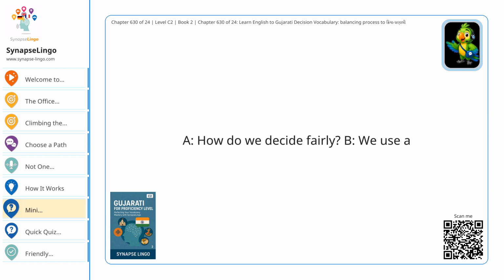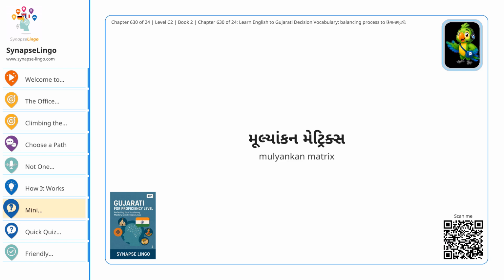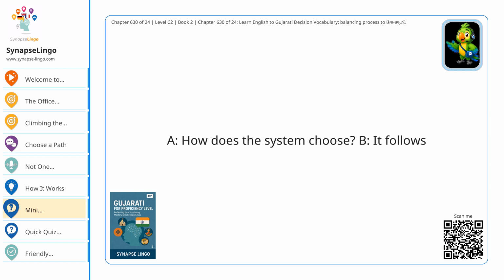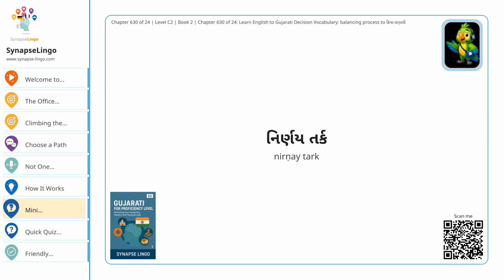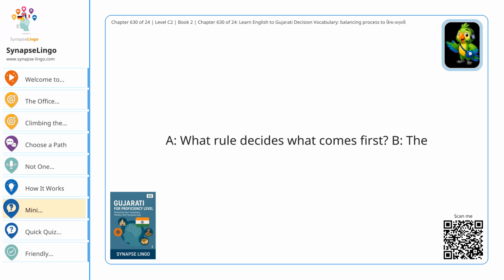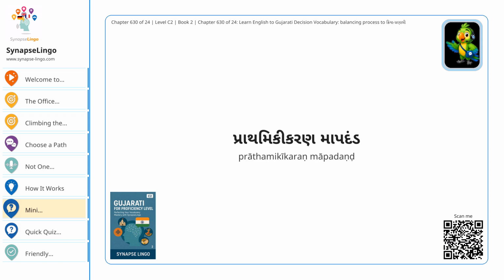B. We use a संतुलन प्रक्रिया. A. How will this be graded? B. Within. मूल्यांकन मैट्रिक्स. A. How does the system choose? B. It follows. निर्णय तर्क. A. What rule decides what comes first? B. The. प्राथमिकीकरण मापदंड.